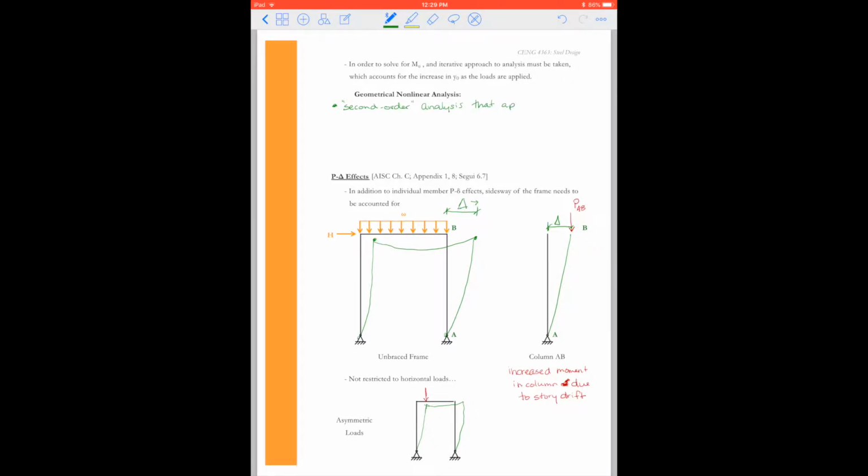And this, again, will apply loads in increments, updating the structure geometry between load steps, thus allowing additional load to be applied to the deformed structure.